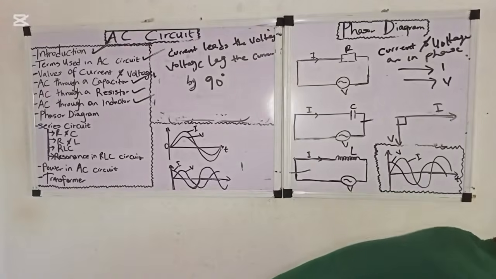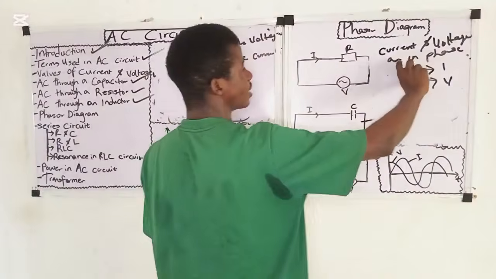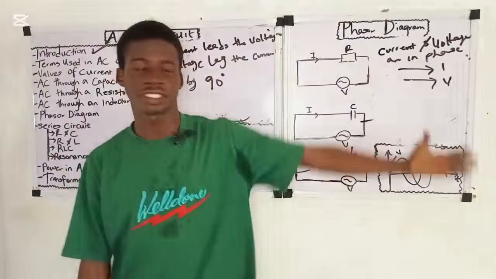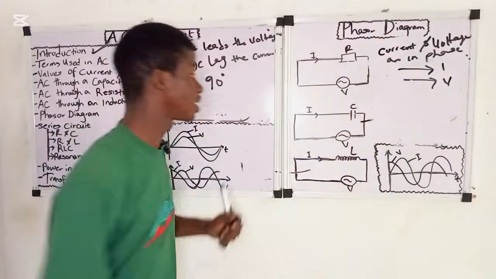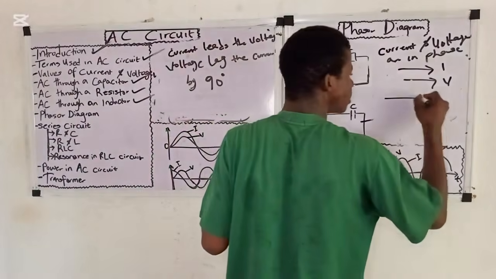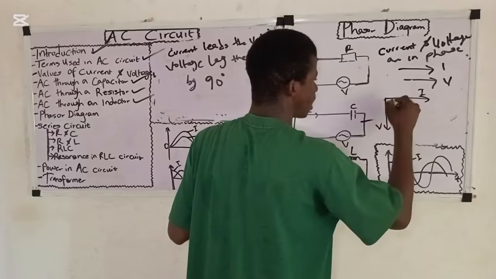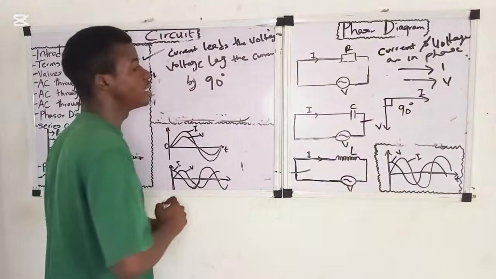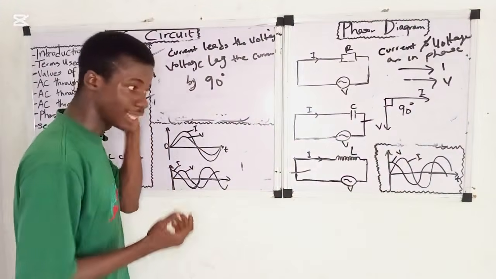Unlike in a purely resistive circuit, where both the voltage and current are in phase, in a purely capacitive circuit the current leads the voltage by an angle of 90 degrees, or the voltage lags behind the current by 90 degrees.